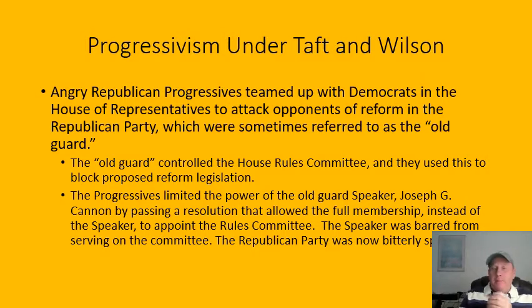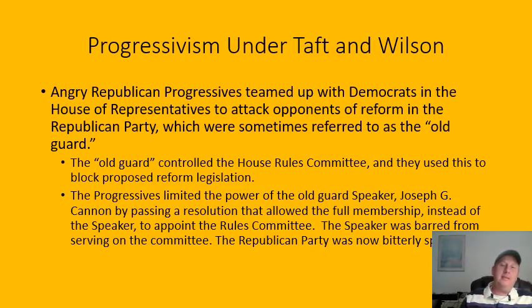So angry Republican progressives teamed up with Democrats in the House of Representatives to attack opponents of reforms. These were members of the Republican Party referred to as the Old Guard. The Old Guard was very powerful because it controlled the House Rules Committee, and they used their control of the Rules Committee to block proposed reform legislation that was favored by the progressives.